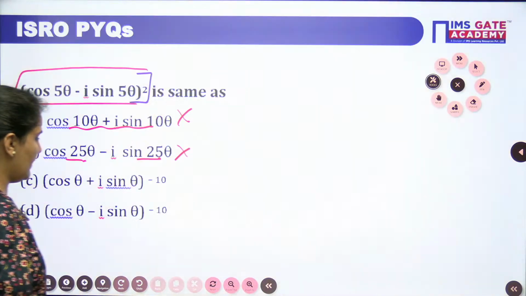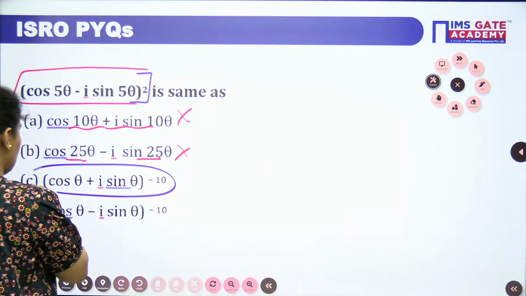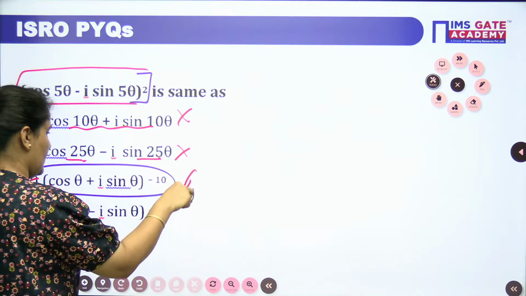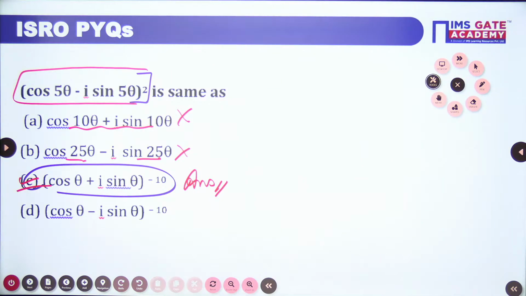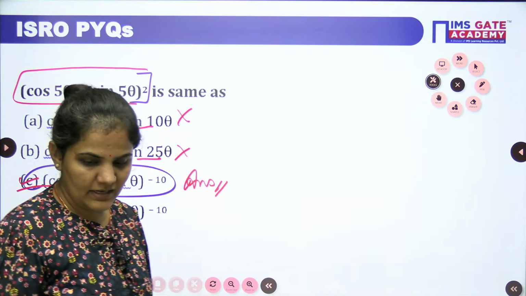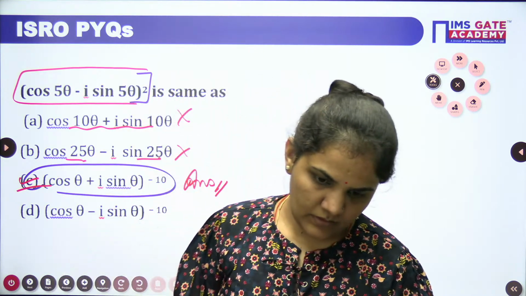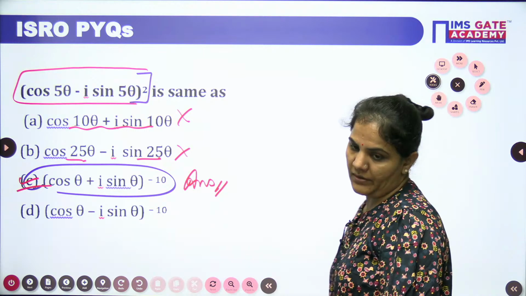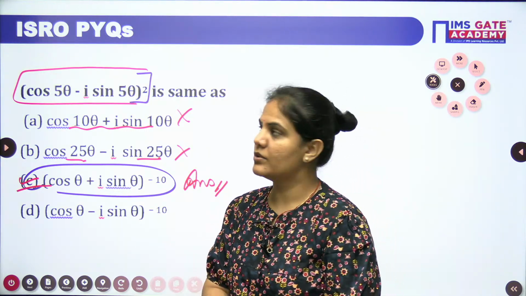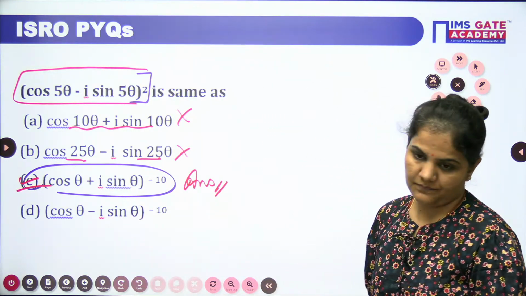So in this way we get the option, which we can see is option C. Very easily we can see it and approach it. I hope this is clear to everyone.